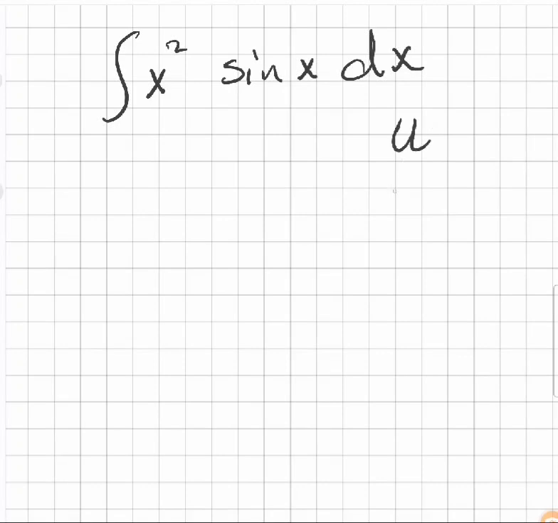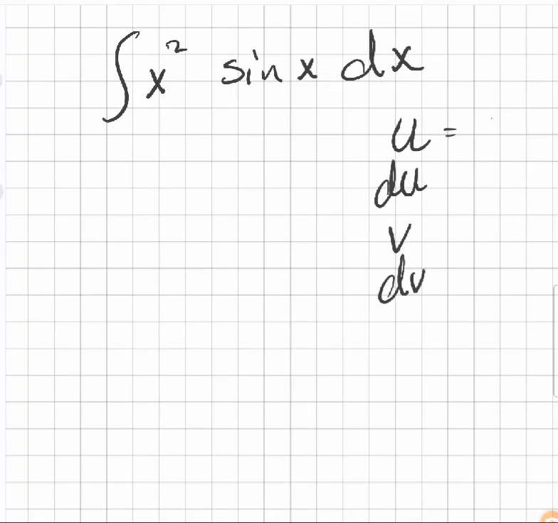Let's find the indefinite integral of x squared sine x dx. So which part should be u and which part is going to be dv? We need to make u equal to x squared. And we need to differentiate it twice to bring it down to a constant.